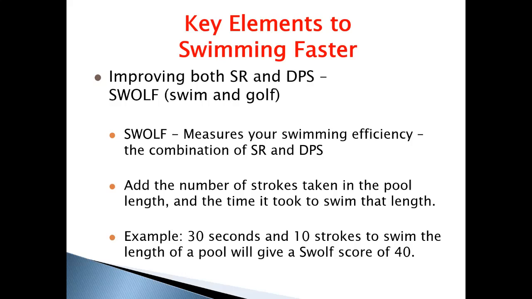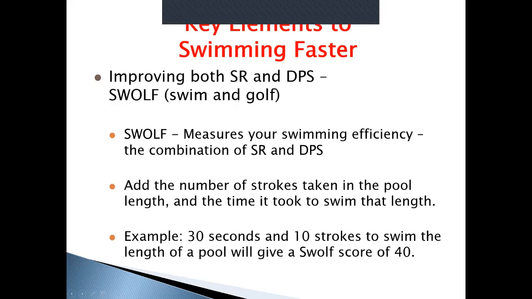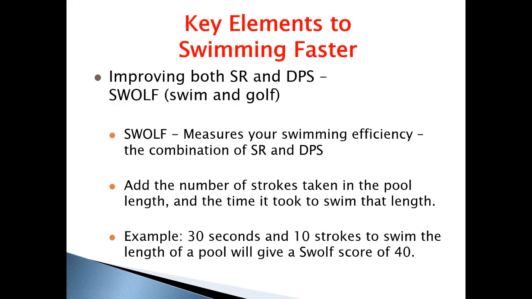The way in which you use this little measurement tool is you add the number of strokes taken per pool length and the time taken to swim that length. So if you swim a 25 in 30 seconds and take 10 strokes to swim that length of the pool, then you have a Swolf score of 40. Okay, so what do you do with this Swolf score? And what's the best way to come up with a particular assessment of what is an appropriate Swolf score?